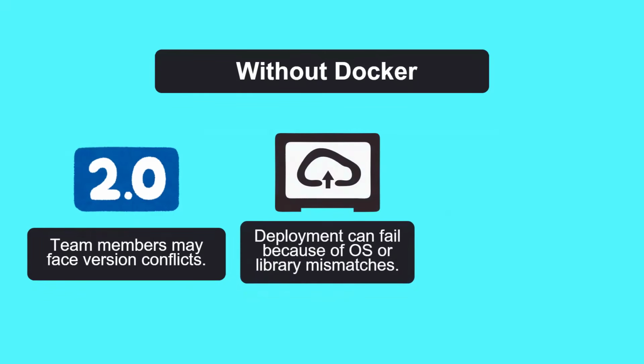Let's see what else will happen. If we don't use Docker, our deployment can fail because of OS or library mismatch. If we have different versions on our system, and the deployment requires a different version.